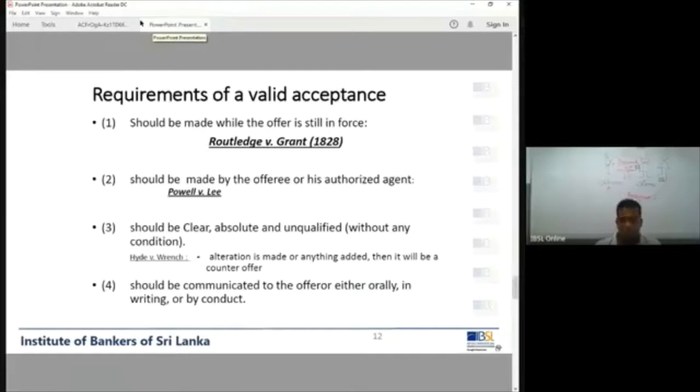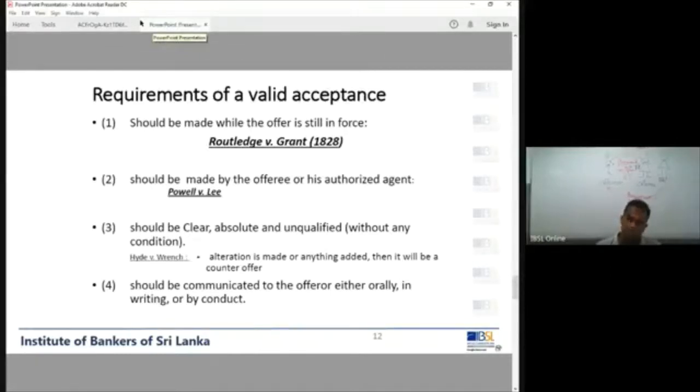The person who signed the letter on behalf of the offeree company is the authorized person. He has to be authorized by the company to accept the offer on behalf of the company. If he is not authorized to accept the offer, then the acceptance is not valid, because that is not the authorized agent of the offeree company.